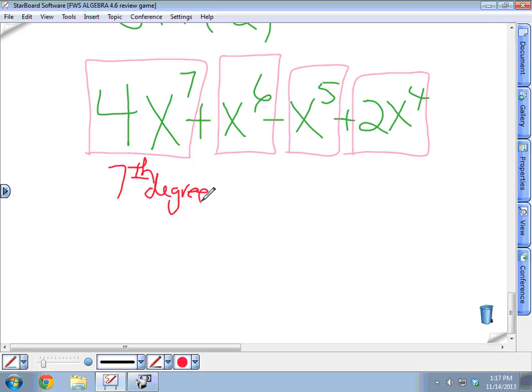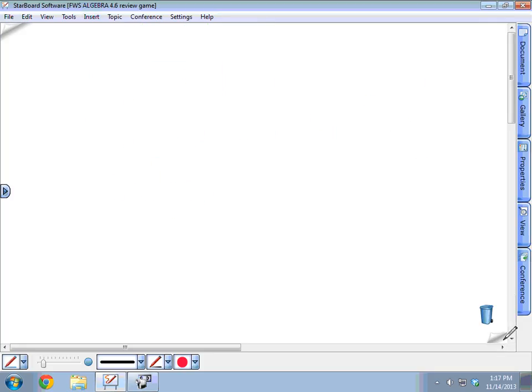Bethany, 4x. What degree is that polynomial? 1. The exponent's a 1, so it's a 1st degree polynomial. What about this, Maggie? 6. What degree polynomial is that? 0.